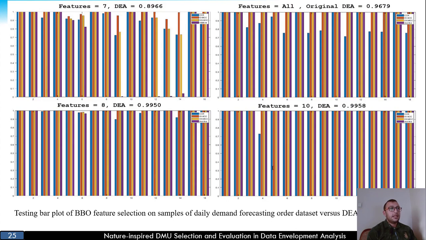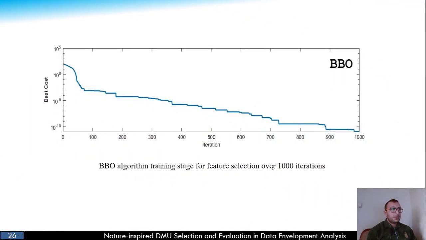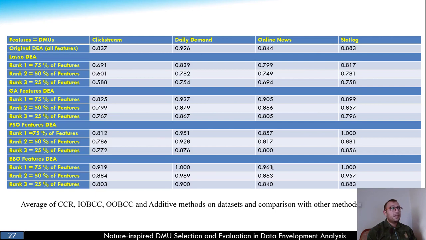Clearly, the DEA value is going to be reduced after reducing the number of features to 7. That means fewer than 7 features is going to harm the result. Also here we can see the BBO algorithm training stage for feature selection over 1,000 iterations in one of the experiments.